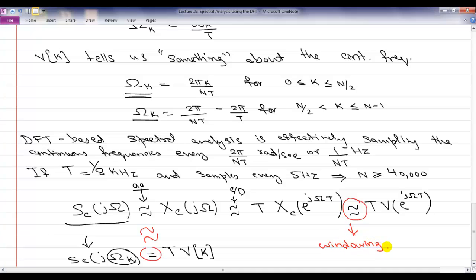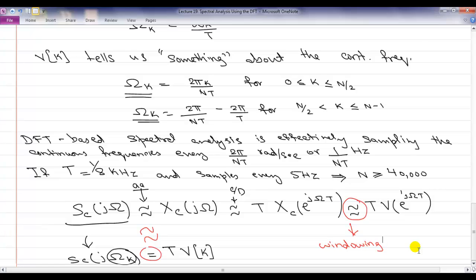And you need to be able to understand what effects windowing creates to be able to interpret whatever you are seeing on either your spectrum analyzer or on your MATLAB. So that is what we'll focus on in the remaining part of this lecture.